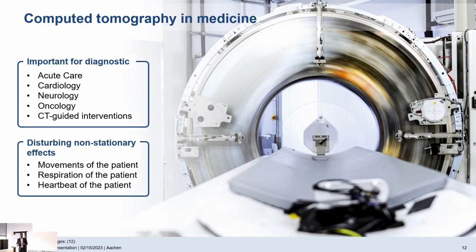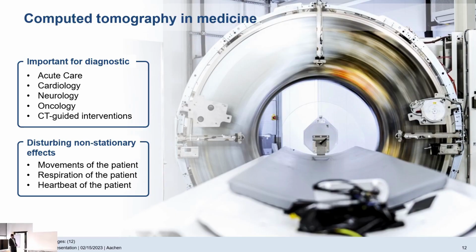That's a very critical decision for a patient. However, this decision may be influenced by the CT image quality, which may be disturbed by non-stationary effects. For example, the movement of the patient, the respiration of the patient, or also the heartbeat of the patient. And we see we cannot just stop these non-stationary effects.